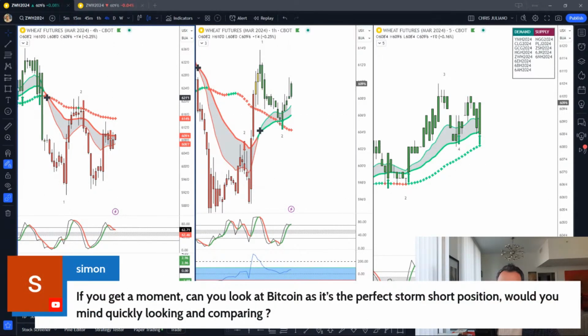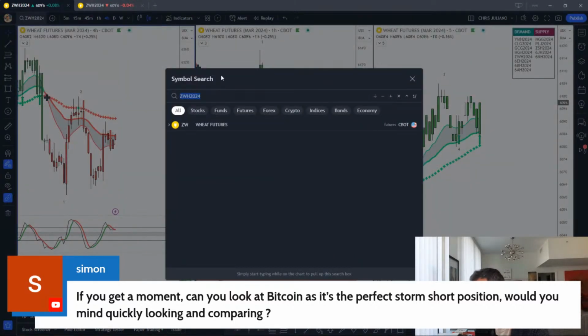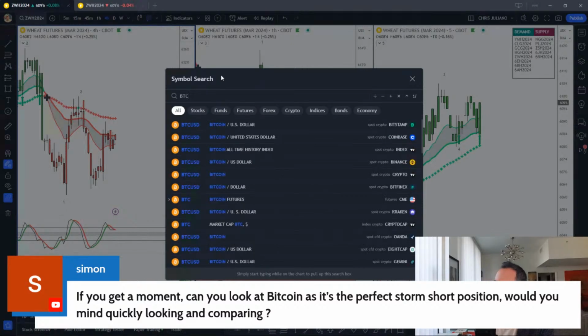Let's see, Simon, if you get a quick moment, can you look at Bitcoin as it's a perfect storm in a short position? Holy cow. Let's get over there to Bitcoin. What are you using? BTC? Are you using anything in particular? Bitstamp or Coinbase? Let's just go with Bitcoin futures, Simon, because the Bitcoin futures are on the CME.